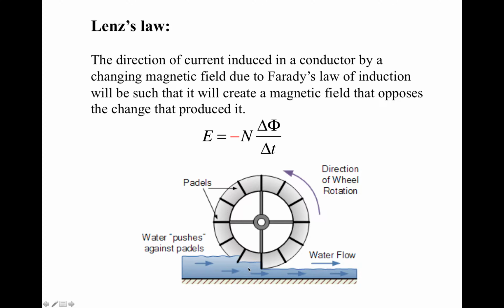The paddles also push back on the flowing water and exert a counter force that tries to slow down the water. During this interactive process, the kinetic energy stored inside the flowing water is converted into the kinetic energy of the rotating wheel.